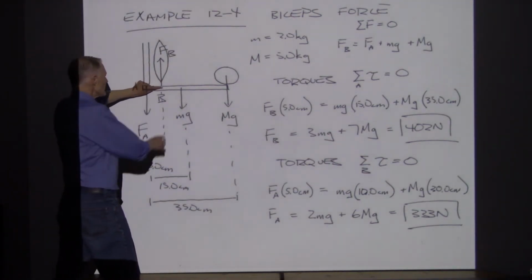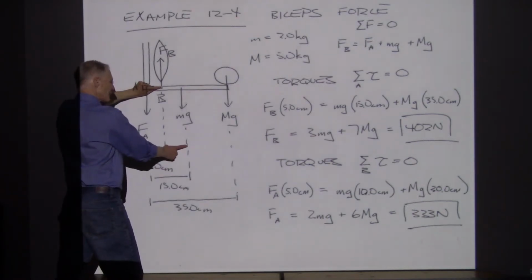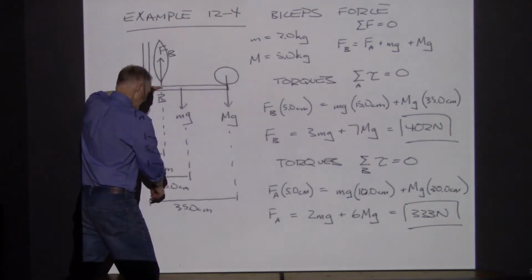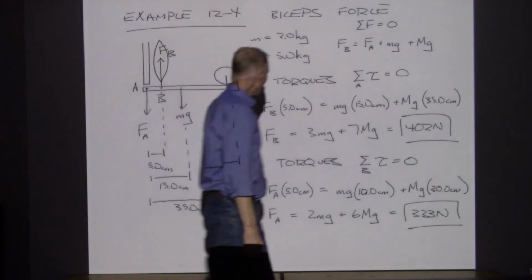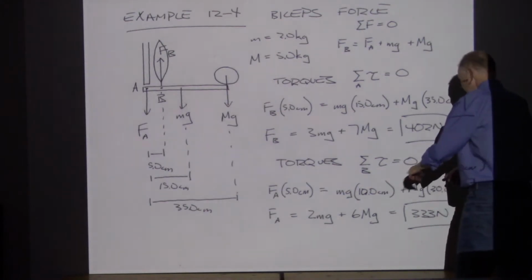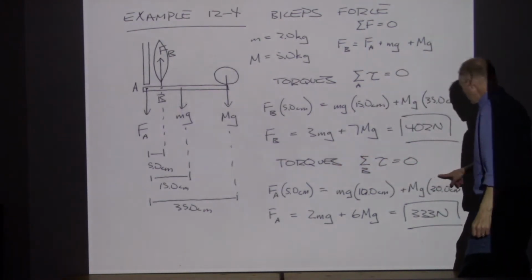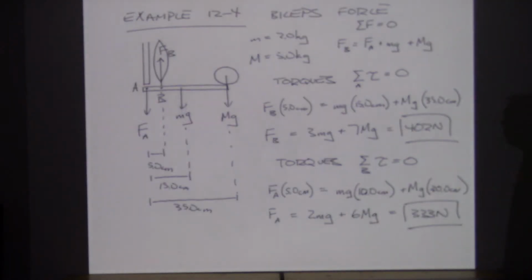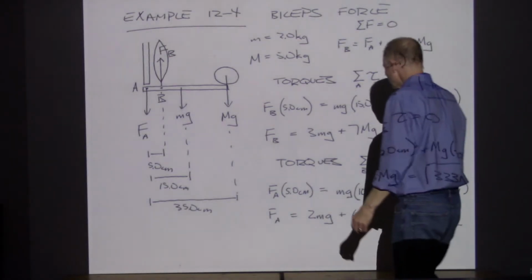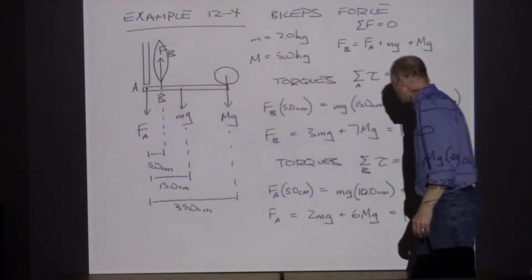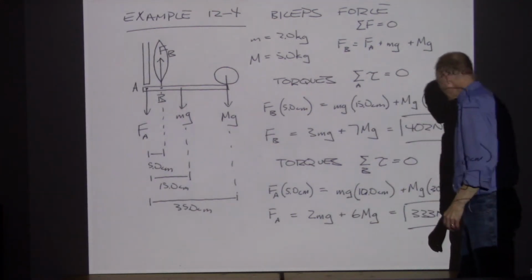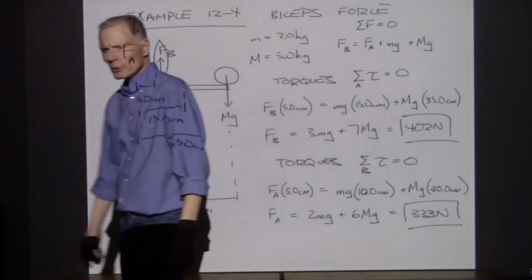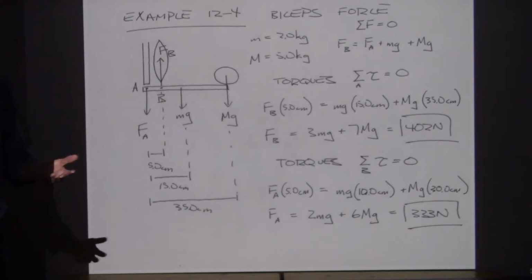Relative to point B, mg is located 10 centimeters away, and big mg is located 30. So the lever distances for this calculation are 5, 10, and 30. When we divide through by 5, we find that force A needs to be equal to 2 times mg plus 6 times big mg, and that works out to be 333 newtons.